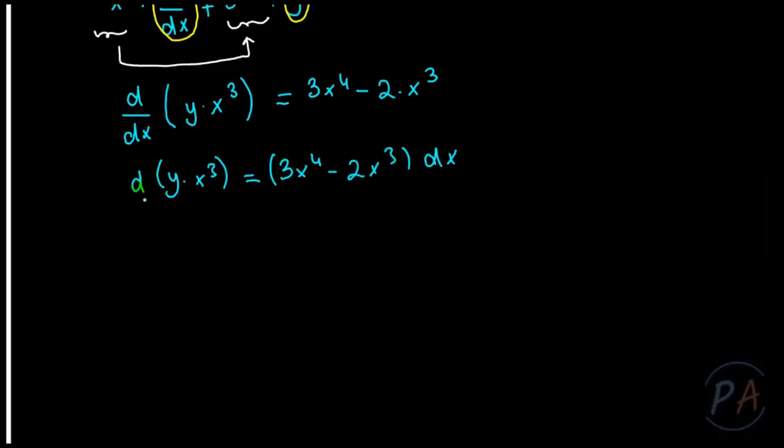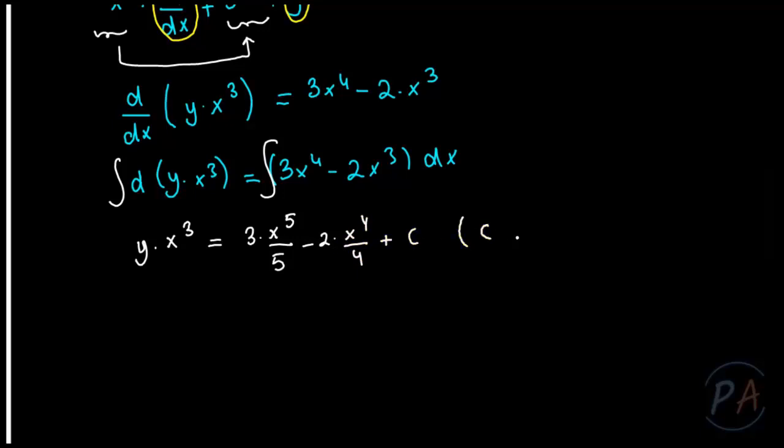Integrating both sides of this equation, the left hand side is y times x cubed, and the integral of the right hand side is 3 times x to the power 5 over 5 minus 2 times x to the power 4 over 4 plus c, where c is the constant of integration.